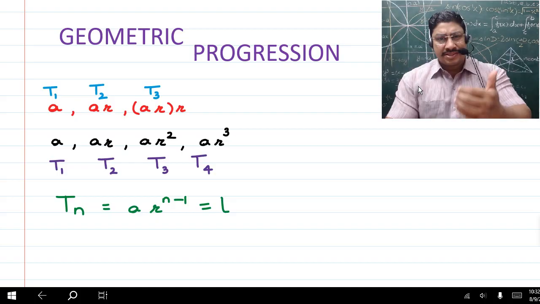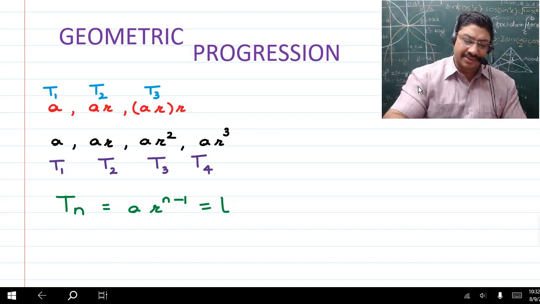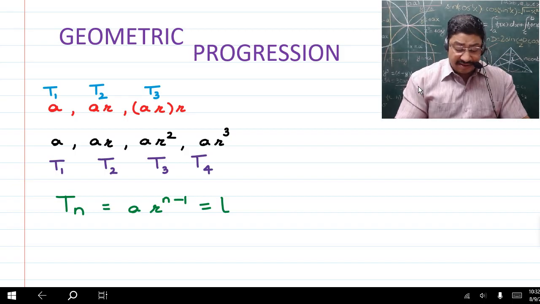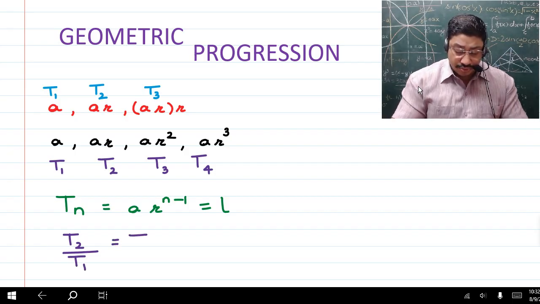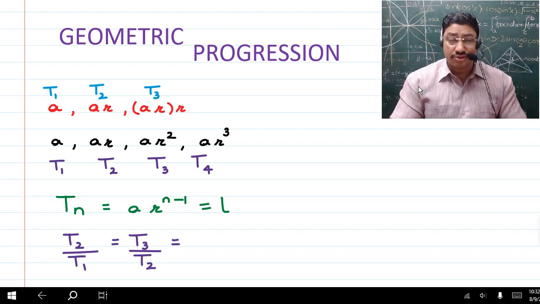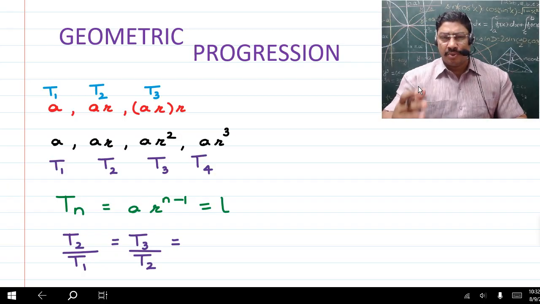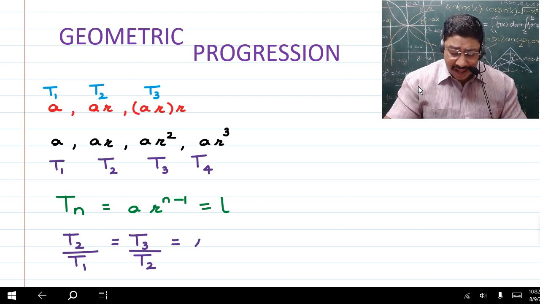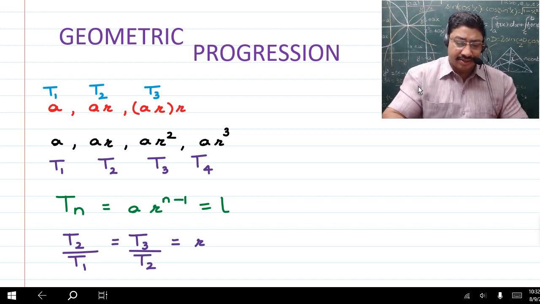And this always happens, and because this always happens, there is another thing that we can write. That is, if say we talk about the second term and we divide it by the first term, that is going to be equal to the third term when it is divided by the second term, and all of this process continues for any two consecutive terms where we divide the later term by the earlier term to get r, which, children, is the common ratio.